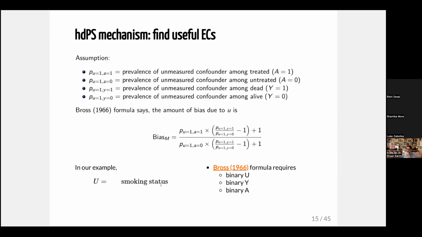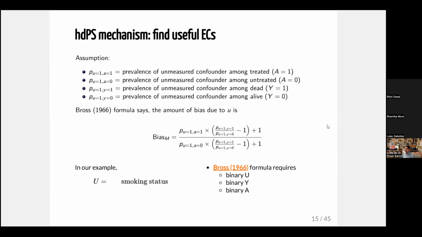So for example, if smoking status was your unmeasured confounder, you simply assume the prevalence of smoking among the treated, among untreated, among dead and alive, and you can probably get that information from the literature if such information was available, right?